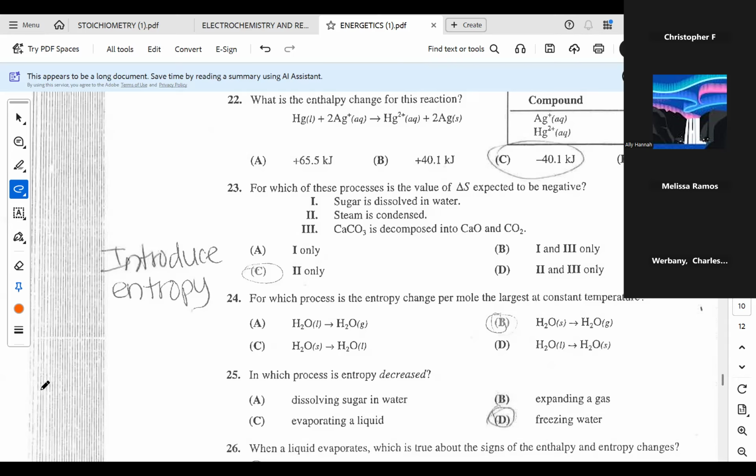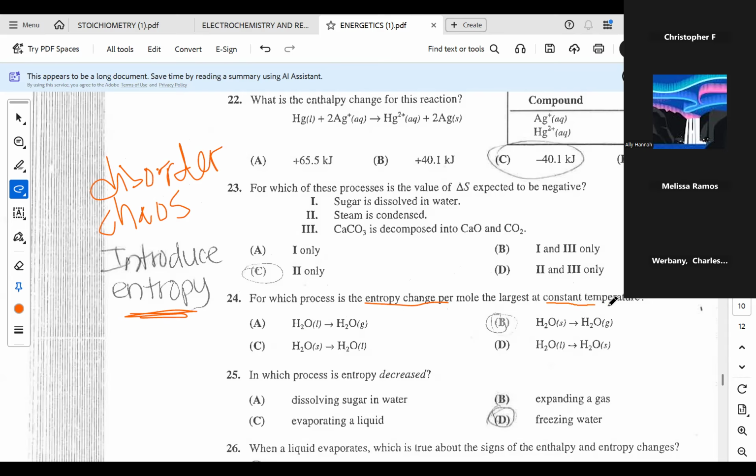Let's see here. Oh, so I gave myself a note here to introduce what entropy is. Entropy, again, is sometimes described as the chaos or the disorder of our system. So the randomness. If we're asked about processes that would have the greatest entropy change, this could be creating disorder or ordering our system.